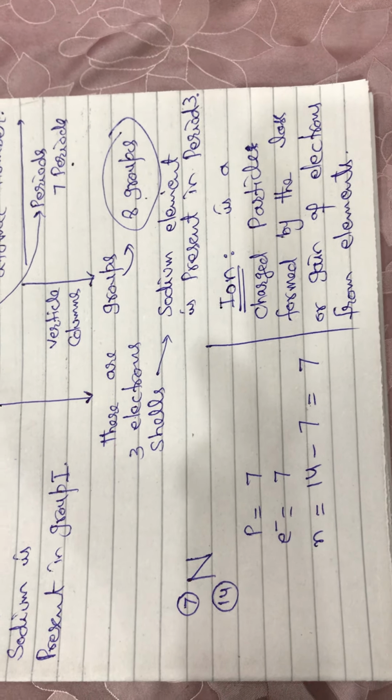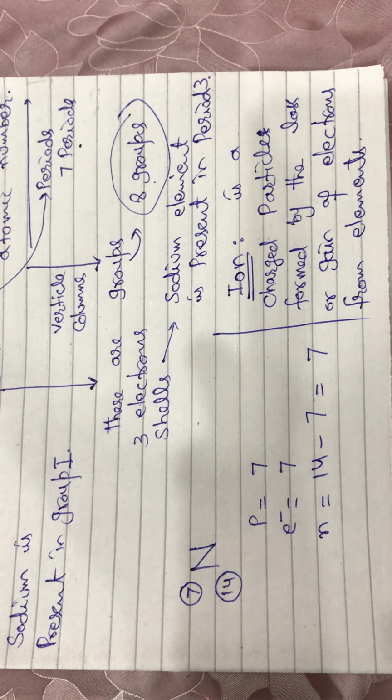When elements lose or gain electrons, they form ions, and ions are charged particles. So we have two types of elements. One are known as metals and the other are known as non-metals.